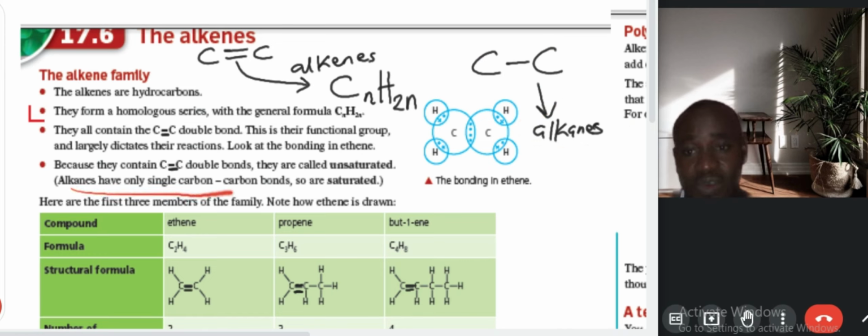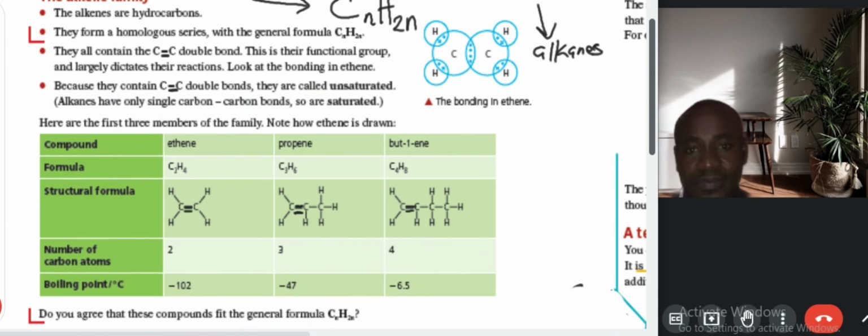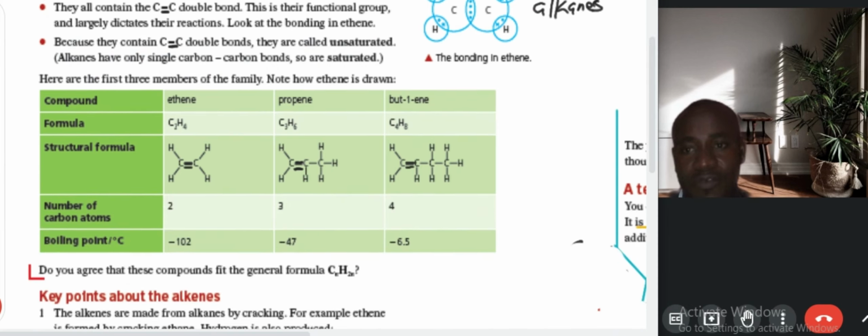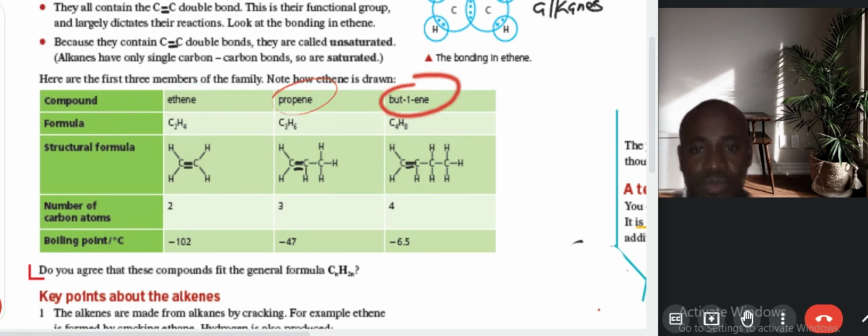So alkanes have only single carbon-carbon bonds, so are saturated, while alkenes have carbon-carbon double bonds, so are unsaturated and so more reactive. Now, for instance, these are the structural formulas of the first 3 alkenes: ethene, propene, and butene. Remember, ethene has 2 atoms of carbon. Propene has 3. Butene has 4.